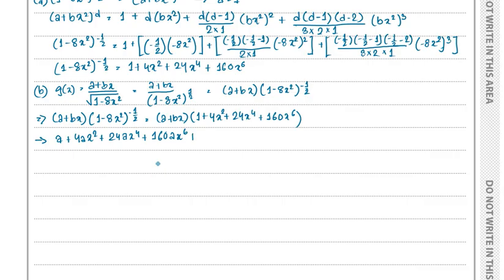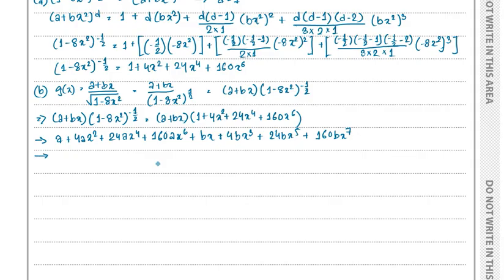Now with bx, so bx multiplied by 1 is bx, plus bx multiplied by 4x squared is 4b. The powers here will get added up, so it will be x to the power 3. And 24x to the power 4 multiplied by bx would be 24b x to the power 4 plus 1 is 5, plus 160b x to the power 6 plus 1 is 7.